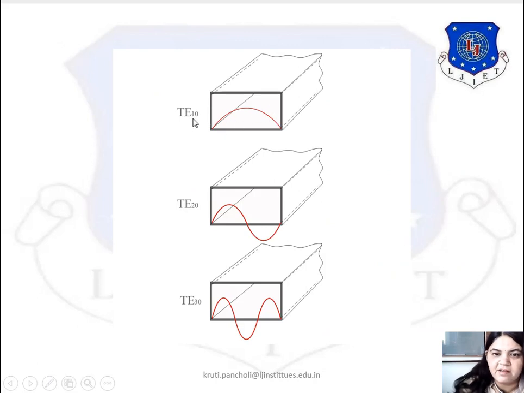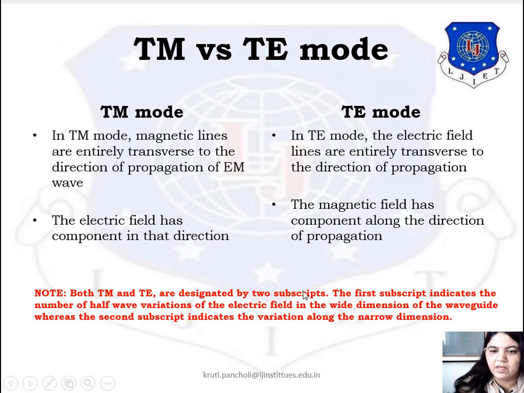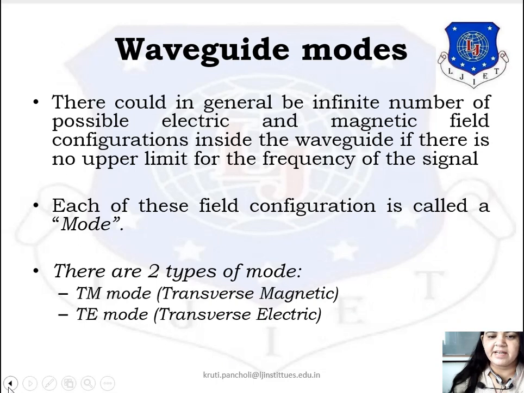TE10, as I said, what does this 1 indicate? The 10 means two subscripts, and the first subscript indicates the number of half wave variations in the electric field in the wide dimension.